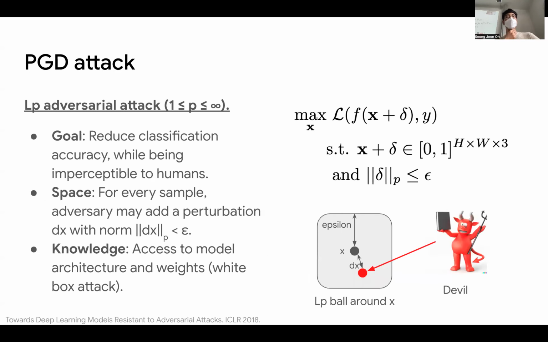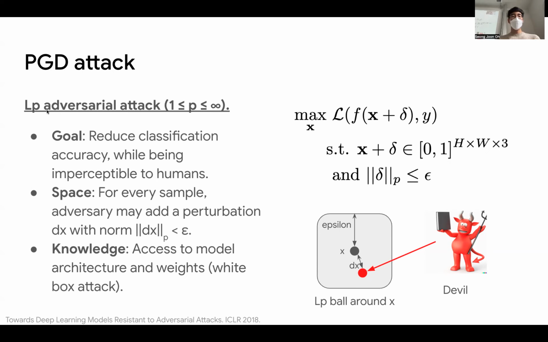And now let's talk about the projected gradient descent attack, the PGD attack. This is so far the strongest attack to date, I think, also because not a lot of people continue looking into strong attacks anymore. But yes, this came out in ICLR 2018, and still this is considered the state-of-the-art attack.